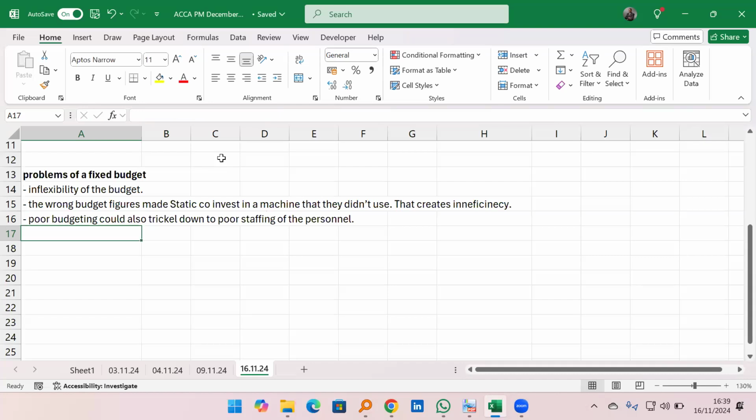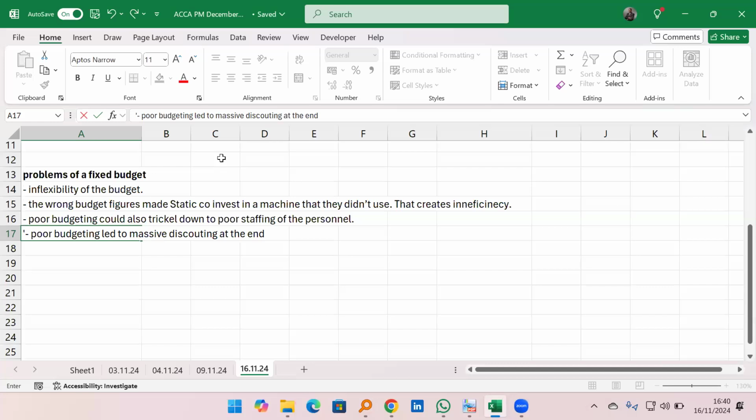Then another thing that we said was that poor budgeting led to massive discounting at the end, or in the fourth quarter, which led to loss of revenue.